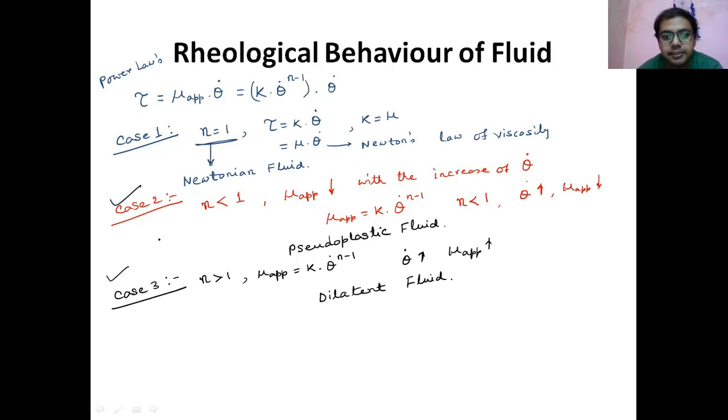For case 2, there are some examples to be given. That is the pseudoplastic fluid. One example is blood, human blood, where the n value is roughly 0.7.